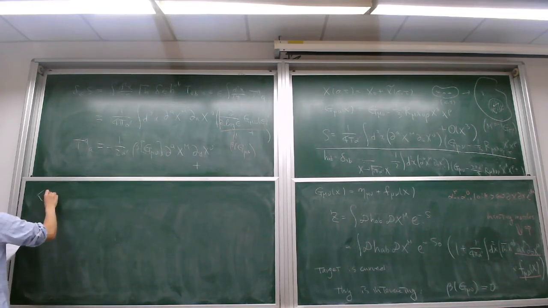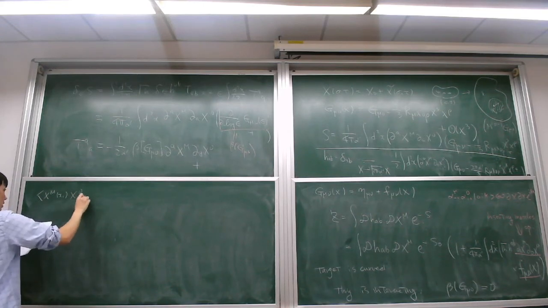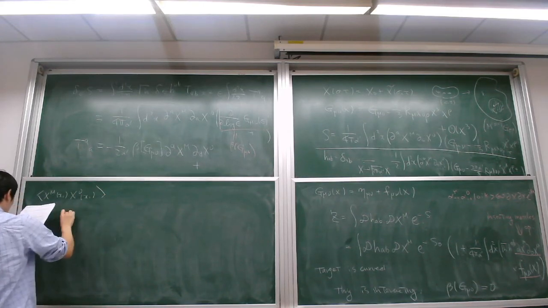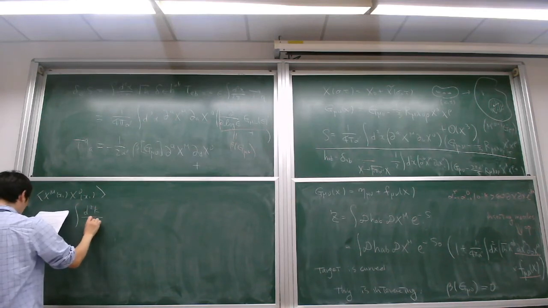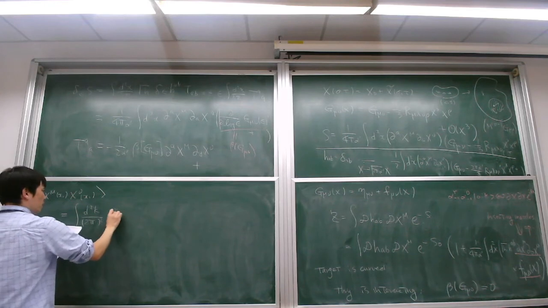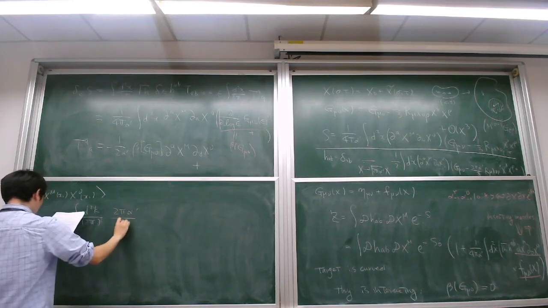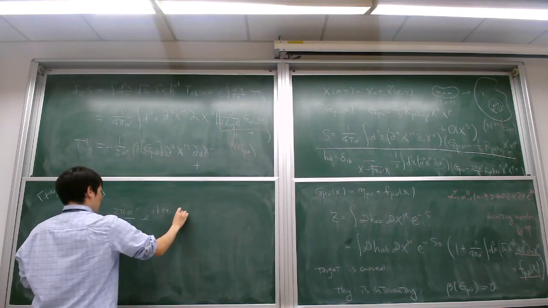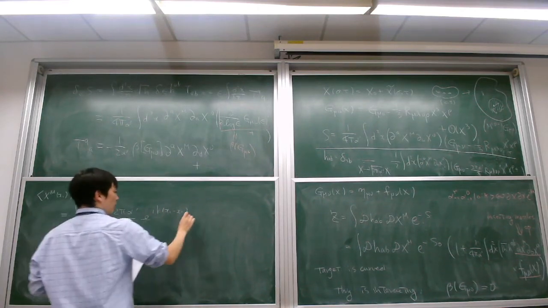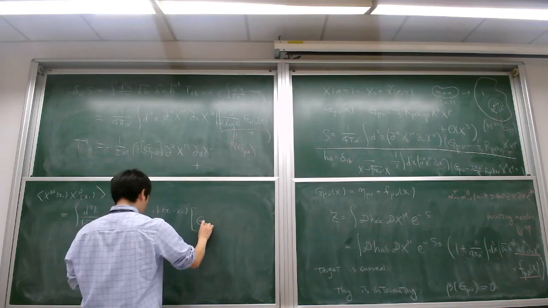So x mu of x1, x mu of x2 is indeed the free integral, d squared k over 2 pi squared, this is just the propagator, e to the i k, and then you have the free level amplitude.